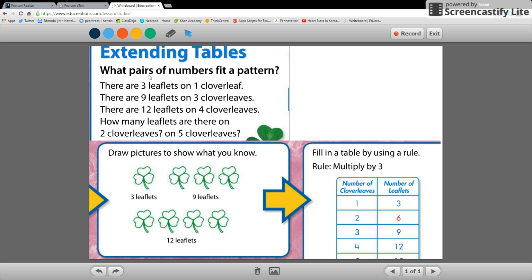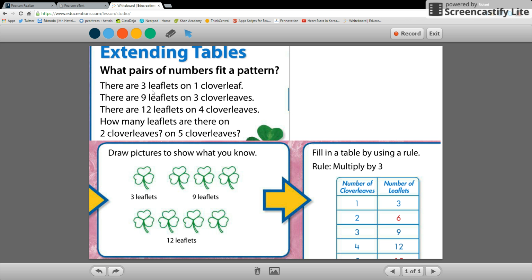All right, so if we take a look at our problem here, what pairs of numbers fit in a pattern? There are 3 leaflets on 1 clover leaf. There are 9 leaflets on 3 clover leaves. There are 12 leaflets on 4 clover leaves. So if you're looking at these patterns as it goes around, you're trying to determine the rule.